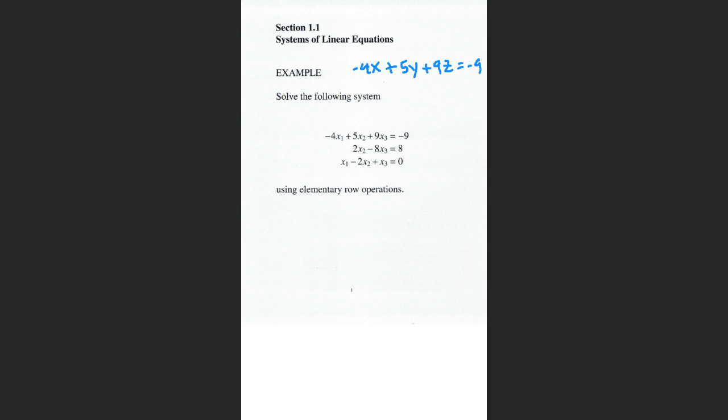The thing is, there are only 26 letters in the English alphabet, A, B, C, D, all the way up through Z. We don't want to be restricted to that because we might have systems of equations that have 50 variables. So instead of using x, y, z, we're going to use x1, x2, and x3 as our variables. That's by convention.